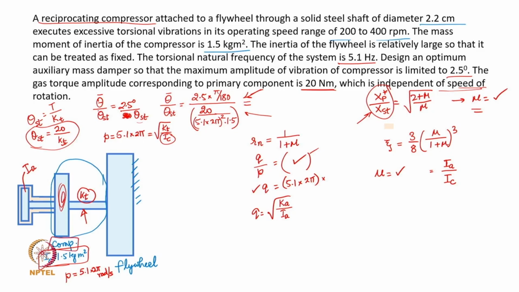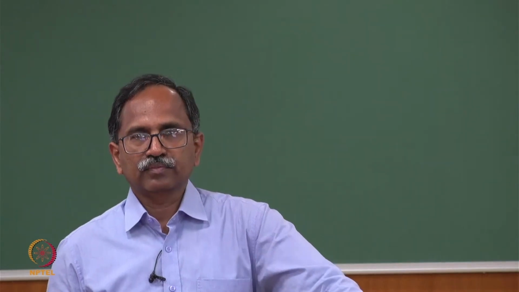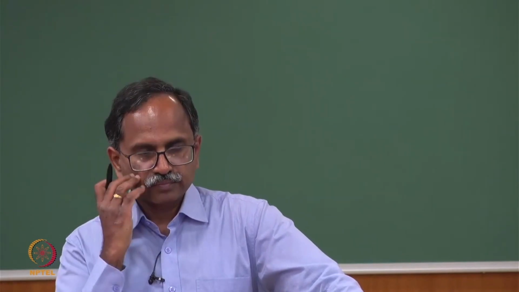Now the design of the absorber means what is the value of the torsional stiffness of the shaft connecting the absorber inertia, and what is the absorber inertia itself, isn't it? Now mu is equal to IA over IC. IC is already known, so you can find out from this expression the value of IA. Is it not?